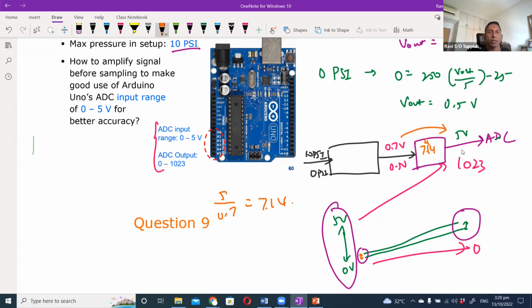Of course, it is still not ideal, in the sense that here you will have 0.5 volt, correct? So even though the top range goes to 5 volt, the bottom range goes to around 3.5 or 3.6.